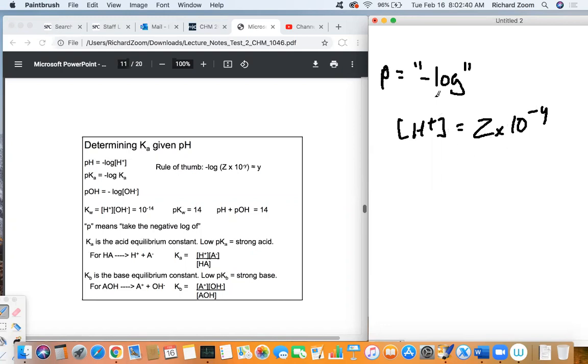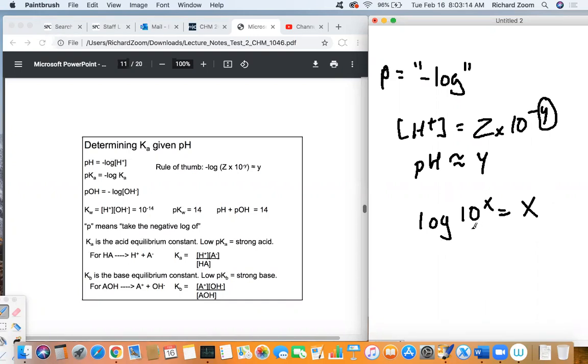And because we're taking the log of something, a rule of thumb would be that the pH then would be approximately, it's not going to be exactly, but it'll be close to Y. Because when you take the log of 10 to the anything, that value is X. So the log of 10 to the X is X. So the inverse of log is 10 to the power of.